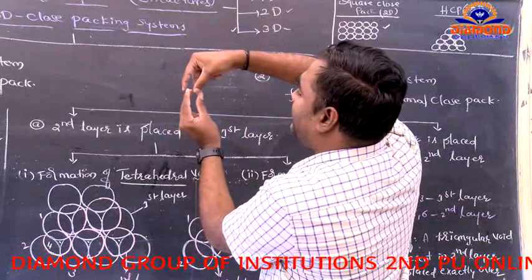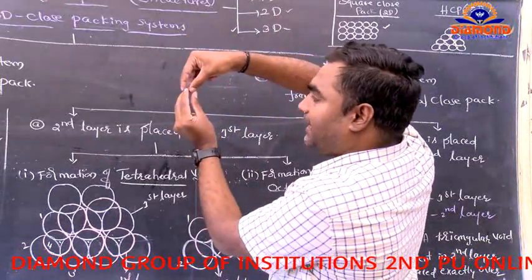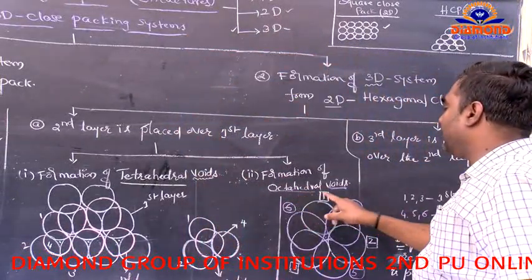In this arrangement we can get the void. That void is called an octahedral void.